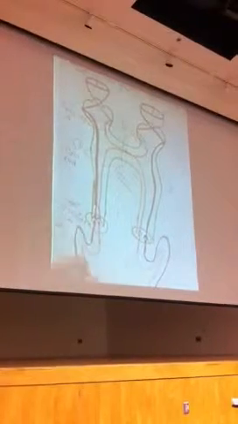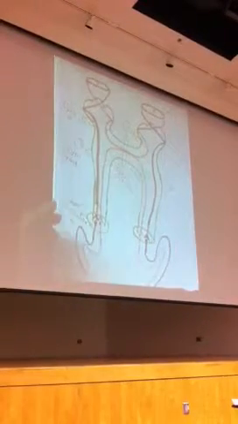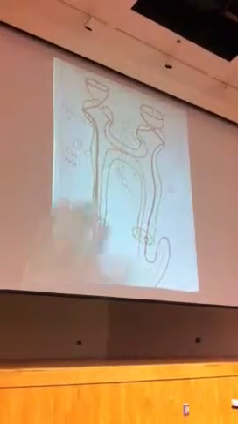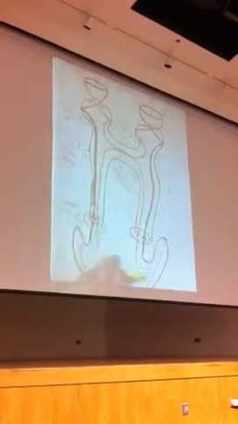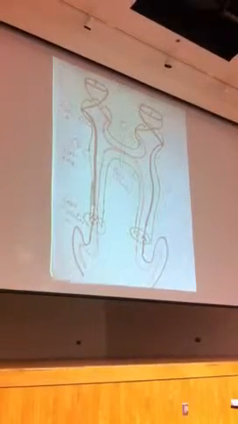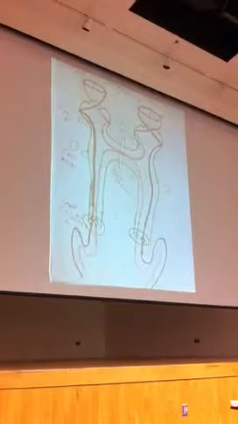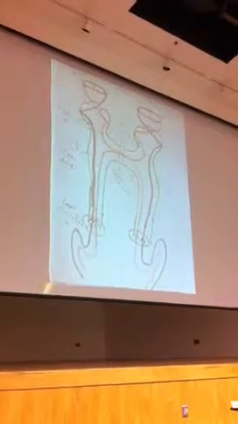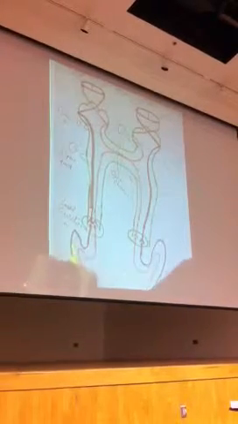They synapse with the other group of neurons inside the lateral geniculate nucleus, and the name of the fiber, the name of the pathway, changes. We call it geniculocalcarine tract.